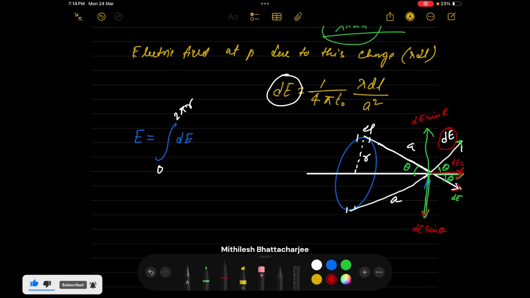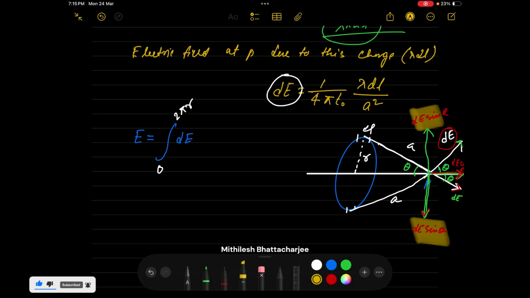The dE sin theta components cancel out because they are equal and opposite, so we only get the dE cos theta component.